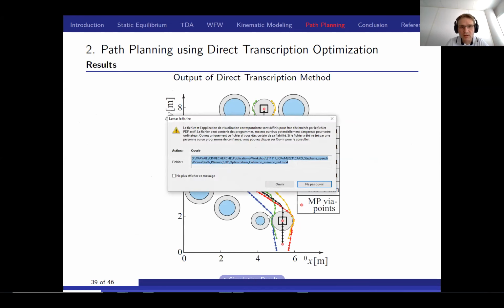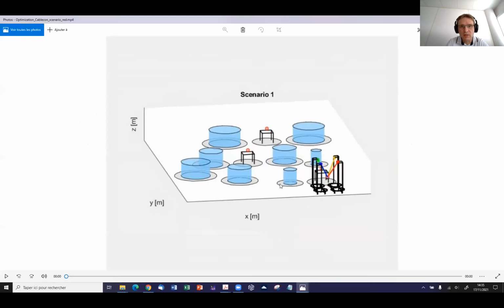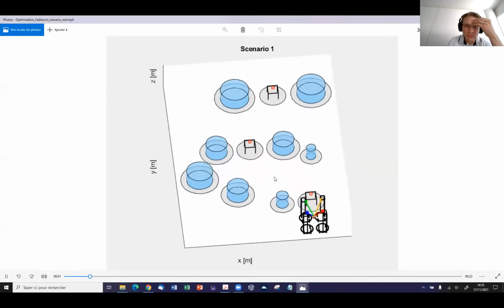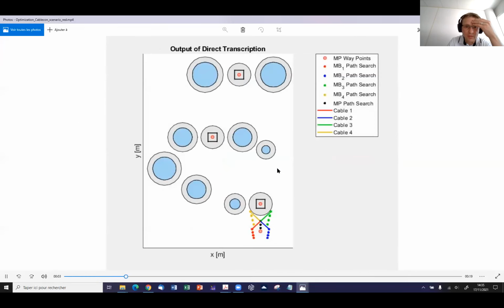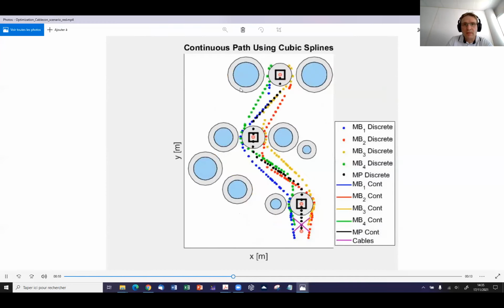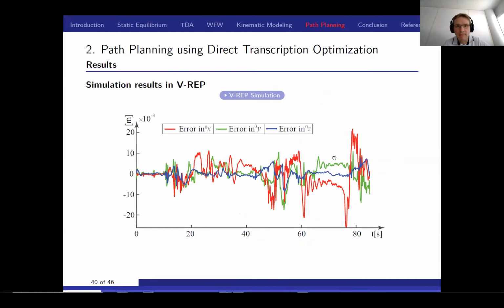By using this technique, we can notice that it is much more efficient than our first approach. By solving this optimization problem, we find the optimal locations for the mobile bases and the end effector for the end effector to go through all the waypoints in this cluttered environment.